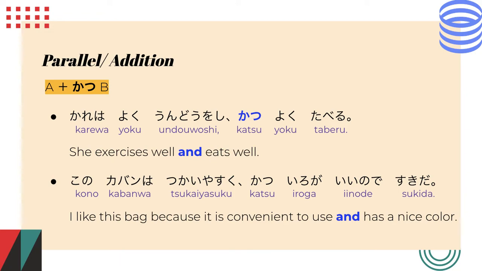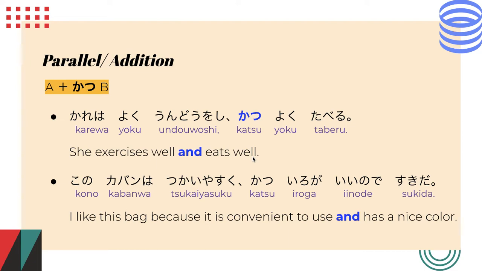The last one that we're learning today is かつ。So it would be A plus かつ B. The first example, it says, she exercises well and eats well.